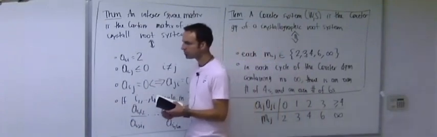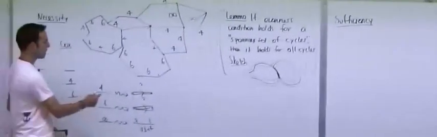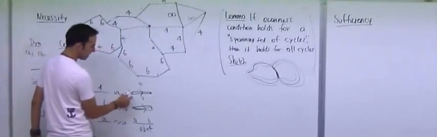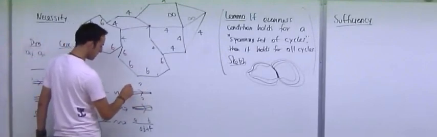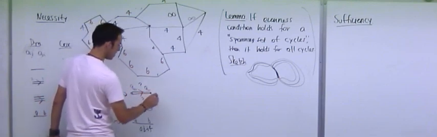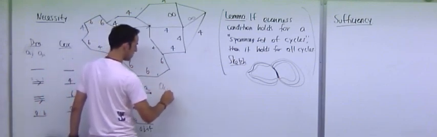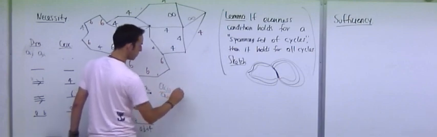Okay. So I need to pick my arrows in a way that the product is equal to 1. Now, again, the point is that if I introduce an arrow like this, then if this is A_{I1,I2}, and this is A_{I2,I1}, I get that A_{I1,I2} divided by A_{I2,I1} should be square root of 2.